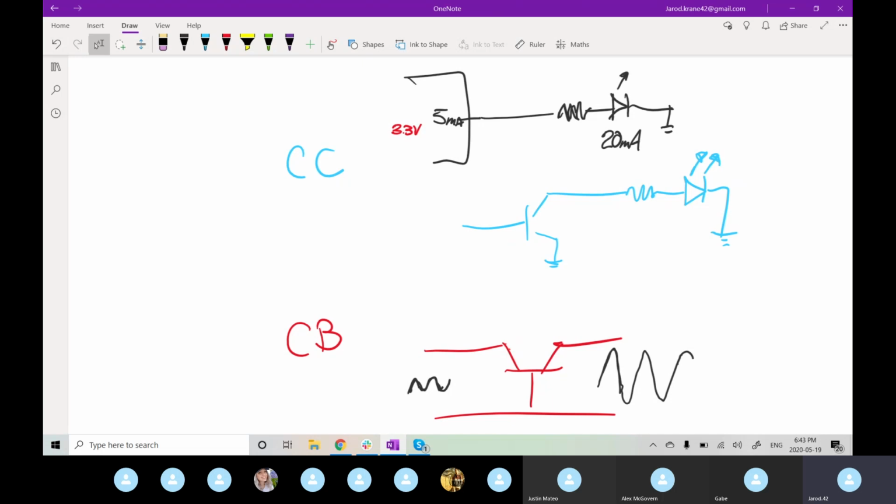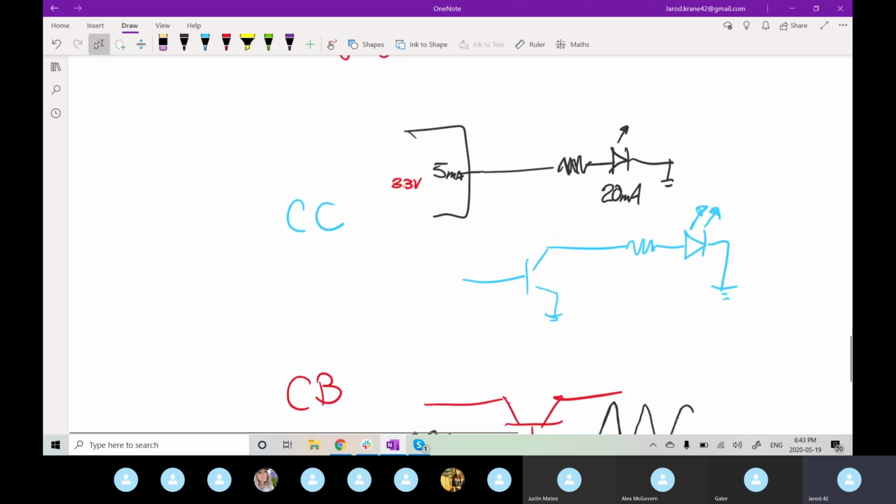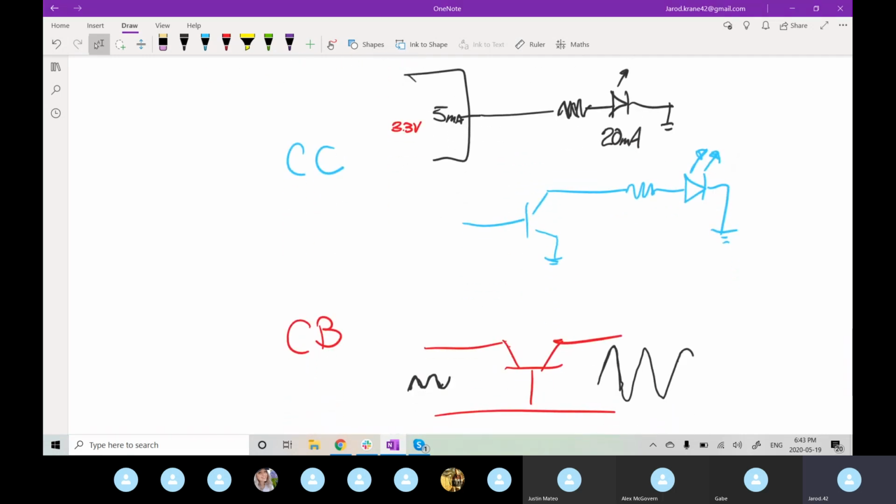And then the common emitter can be used for both of these, since it has the ability to increase both current and voltage.